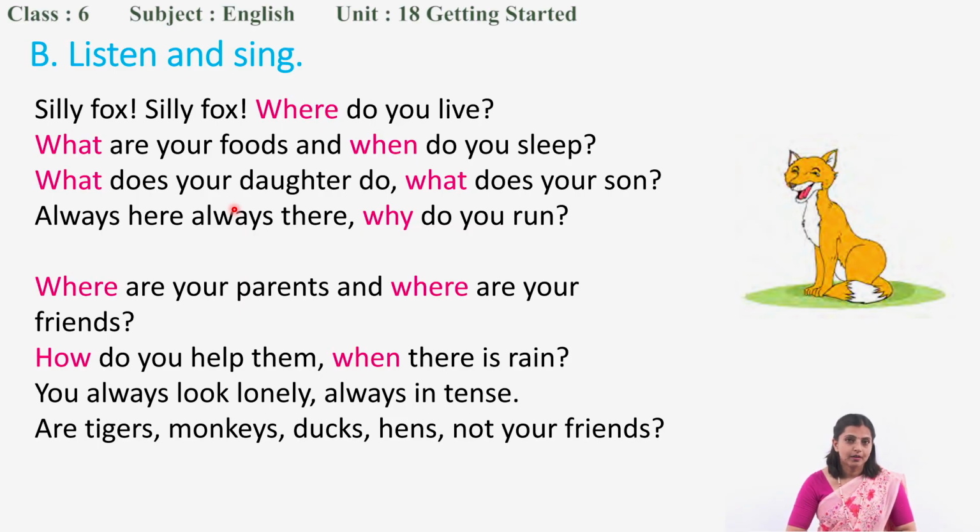No, exactly not. Fox is regarded as a very clever animal. As sly as a fox, we say. That means foxes are very clever animals. But here the poet is calling this fox a silly animal.